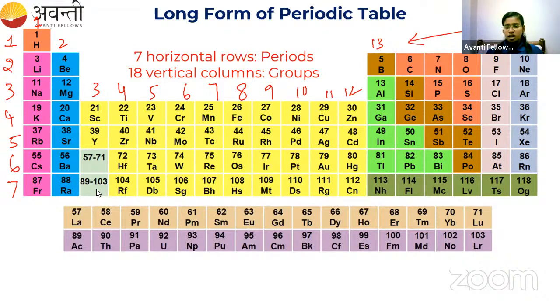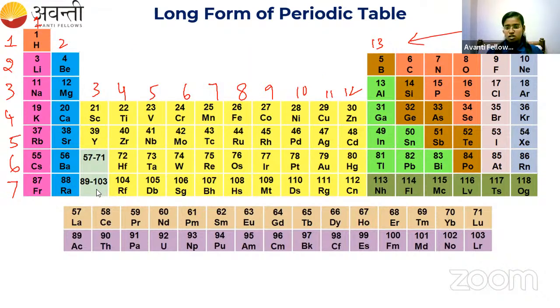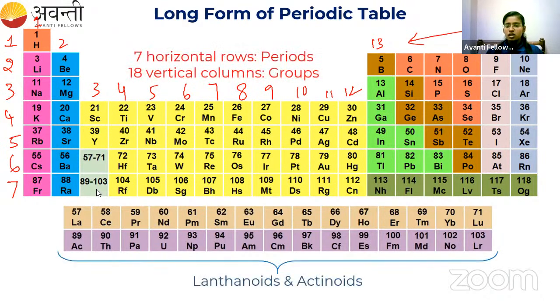What are the last two rows which we have here? The last two rows are called lanthanoids and actinoids. Any doubt from the long form of the periodic table for anyone?